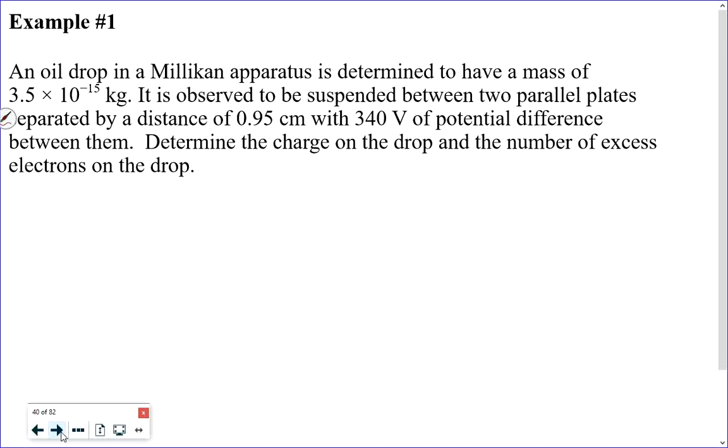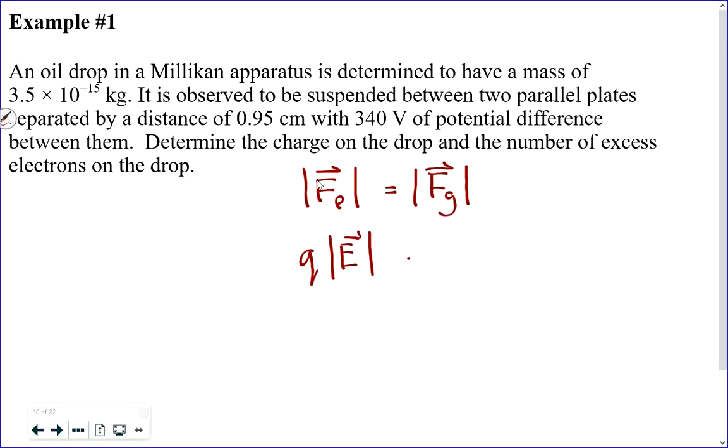We start by saying the magnitude of the electric force and the magnitude of the gravitational force are equal. This becomes Q times electric field strength, and this becomes m times g. So this becomes QV over d equals mg. This is what I meant when I started off this lesson by saying there's no new physics here. All we're doing is applying physics to a new situation.